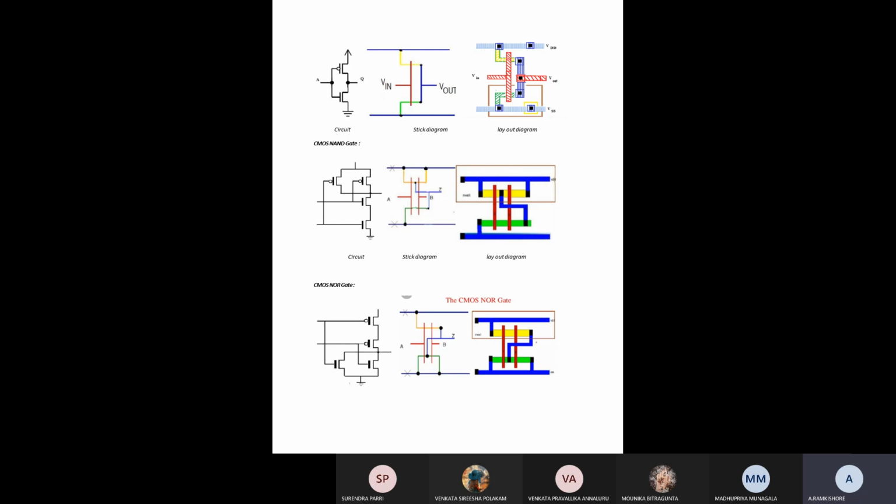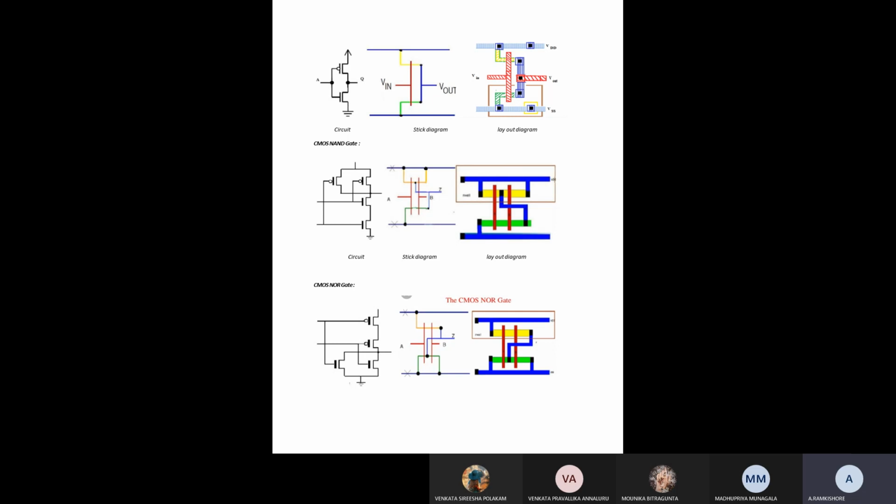Coming to the stick diagram, here we have to connect VDD or any electrical contact to power the circuit, so we have to use some metals in between.